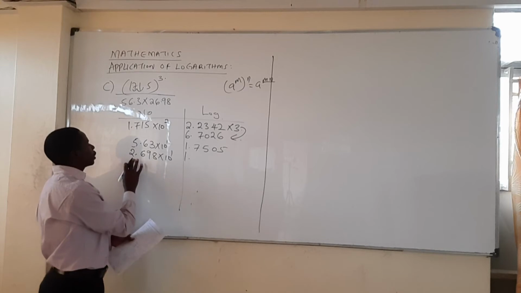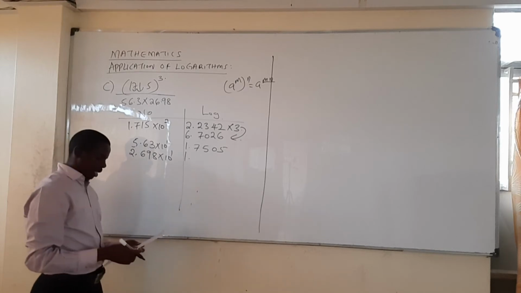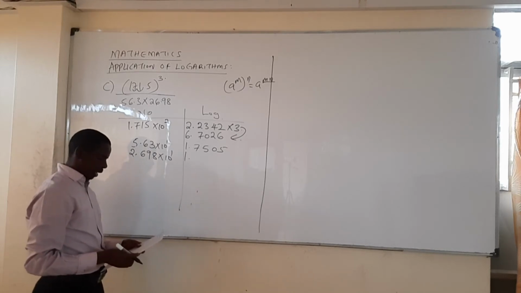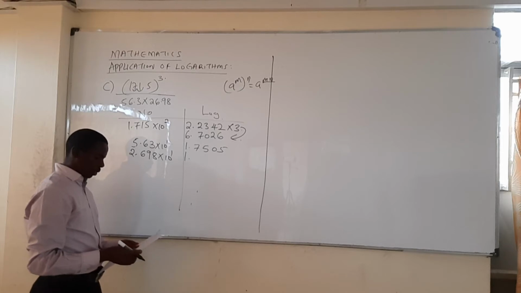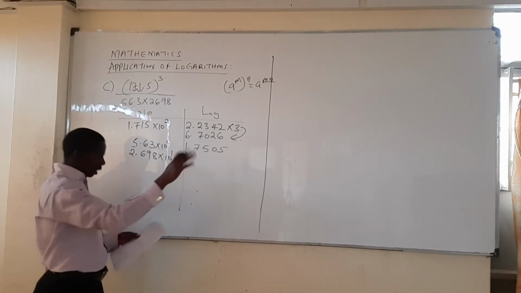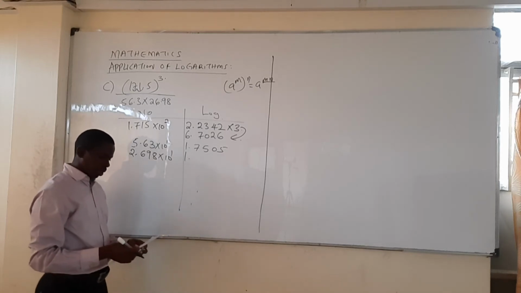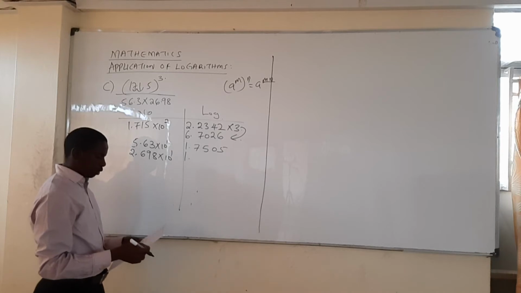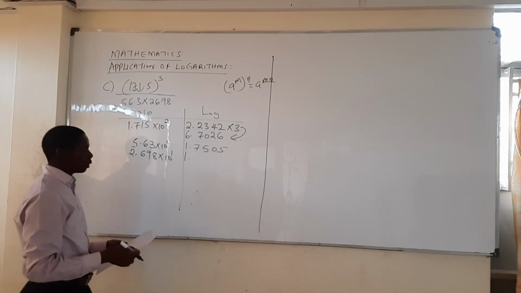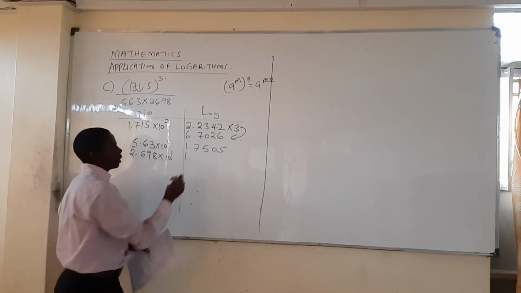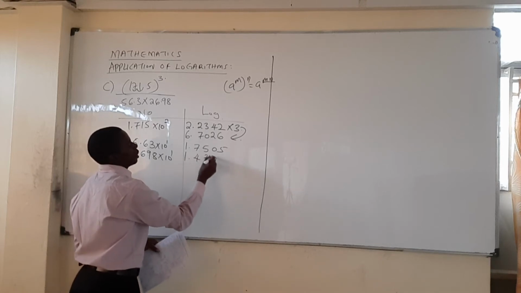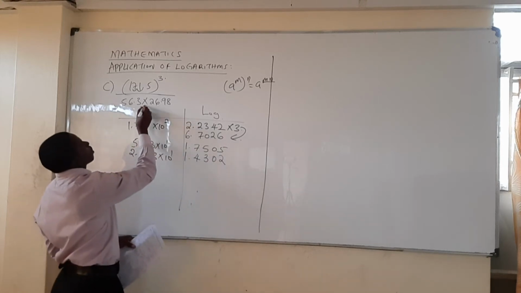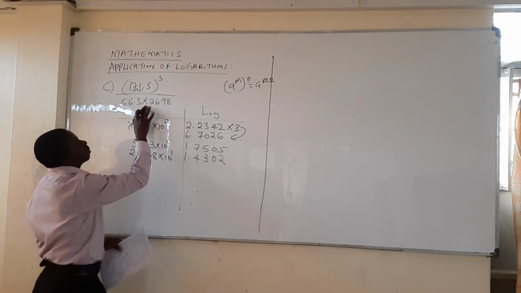We first did for 2.69. 2.69 is going to be 0.4289. Then 8, that column of addition, we're going to get 13. We add to the far end there. Then we're going to have the log of 2.698 as 0.4302.